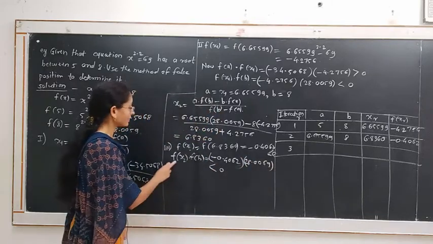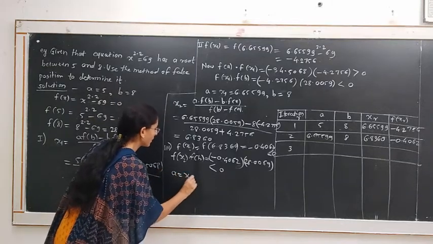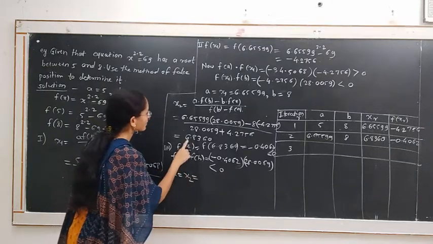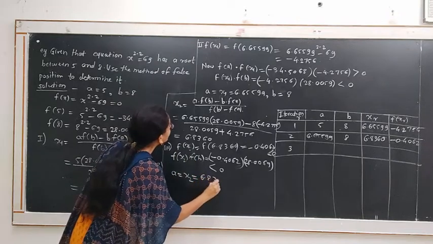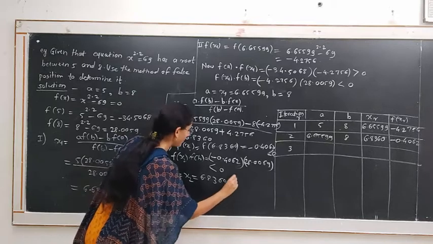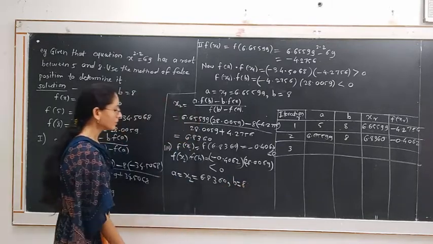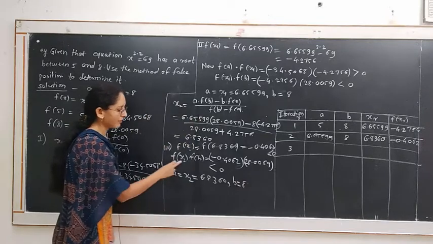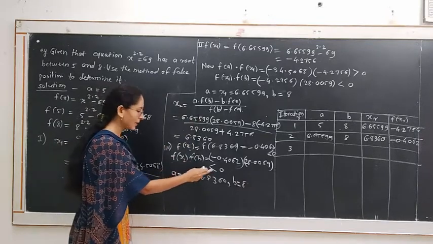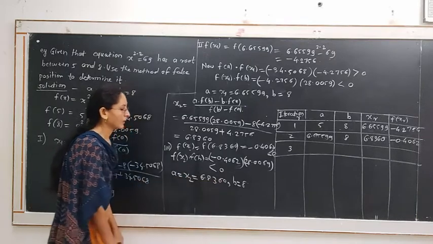Therefore, in the third iteration, we take the value of a equal to x2, which is 6.8360, and the value of b equal to 8. Because f of x2 into f of b is negative, hence we have to choose a equal to x2 and b equal to 8.